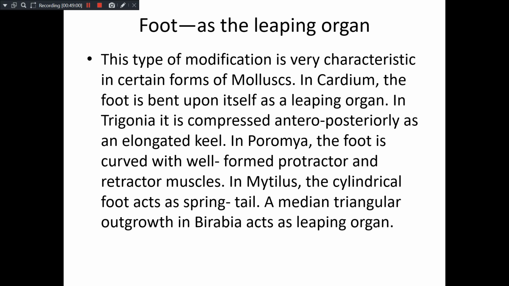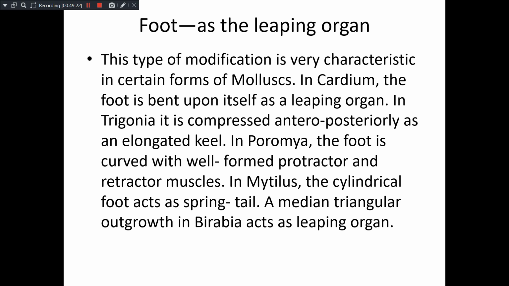This is very characteristic in some of the molluscans like Cardium, where the foot is bent upon itself as a leaping organ. It can leap. Even in Trigonia, it is compressed anteroposteriorly like a keel.